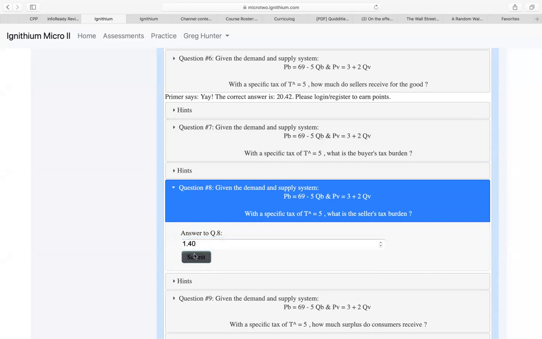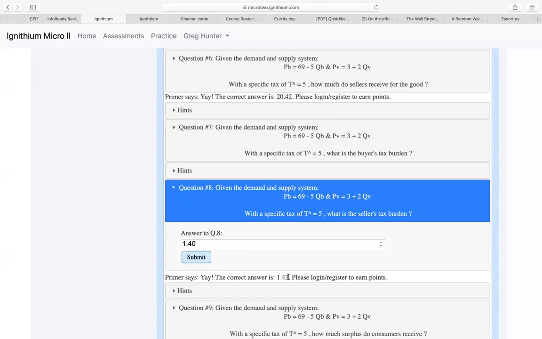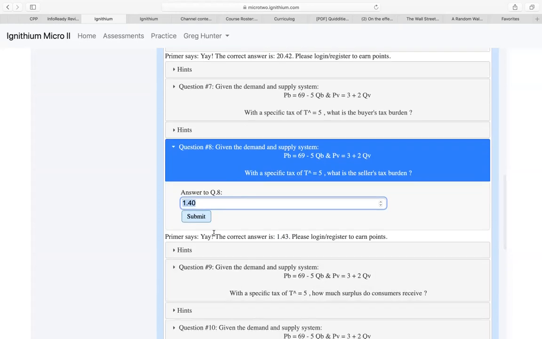Yeah, right. And so you can see what's going on behind the scenes is there's a little bit of rounding error. And that's okay. Don't worry about it. It shouldn't cause you any problem, unless the numbers are really, really small. But yeah, so once we have the buyer's burden and the seller's burden, we're getting the correct response.